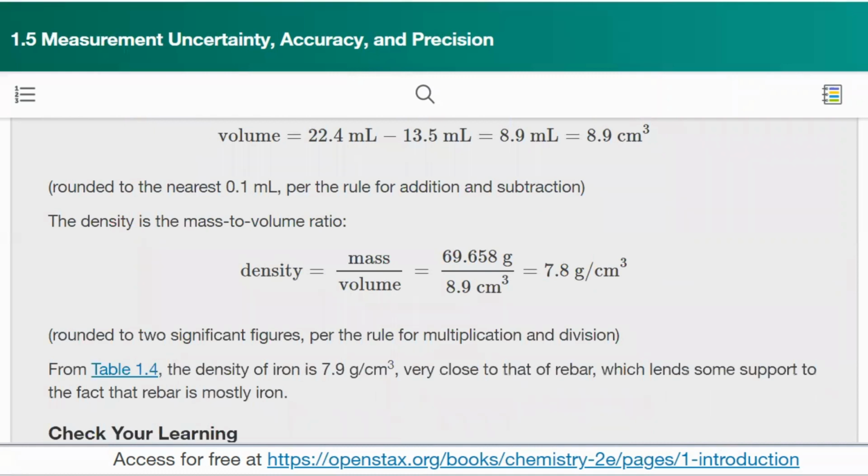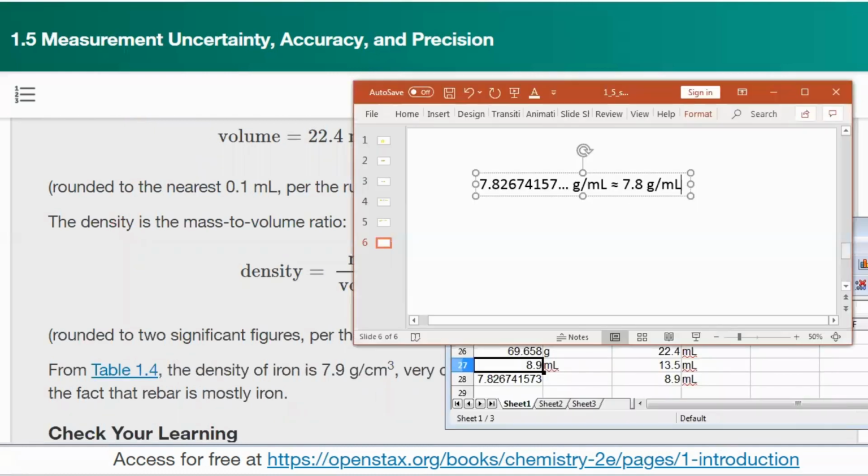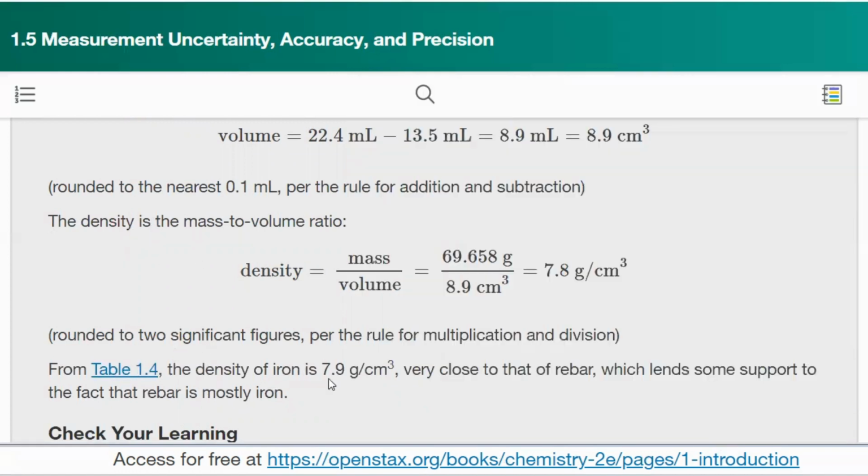And I did round to the correct number of significant figures. From table 144, the density of iron is 7.9 grams per cubic centimeter, very close to that of rebar, which lends some support to the fact that rebar is mostly iron. Oh, okay. So there was a qualifier there.